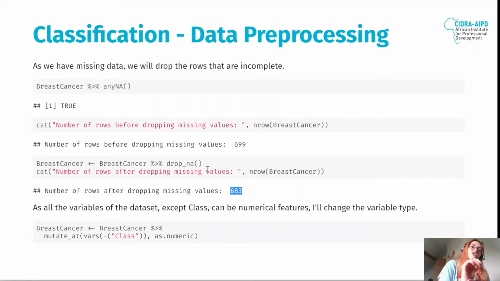To use that function, I say at where I want to apply the transformation. I want to apply it to variables. By doing minus class, I'm saying that I want to apply it to all the variables from breast cancer with the exception of the class variable. And the transformation that I want to apply is as.numeric.